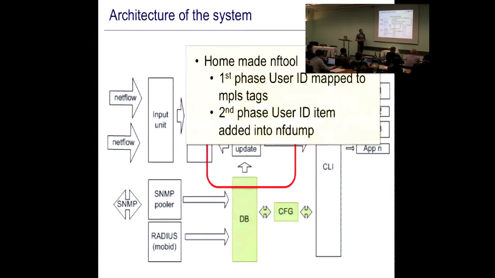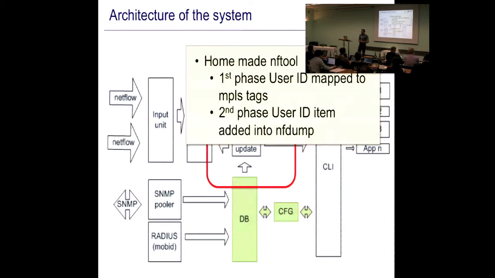At the first stage, we use our special tool, NF tool, that updates NetFlow files and adds this information to the data we already have from NetFlow. For MAC address it was pretty easy because NetFlow already has items for MAC address, so we only add this information into the existing NetFlow data.